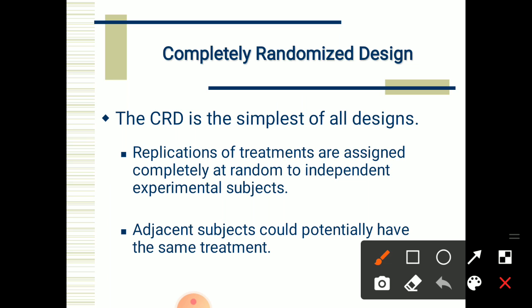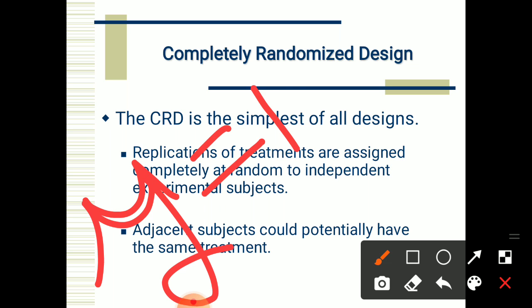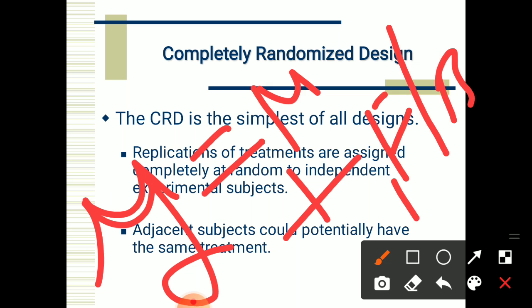When you solve some of the problems in the practicals, you will come to know the design. For this completely randomized design, the statistical model will be y equal to mu plus one important factor, either feed or breed, plus error.